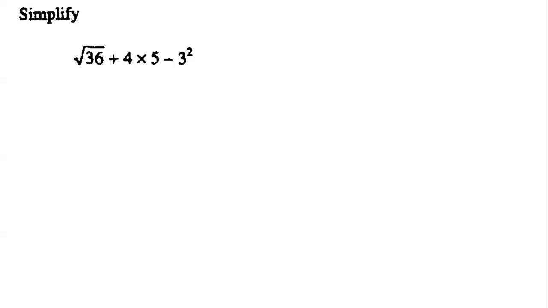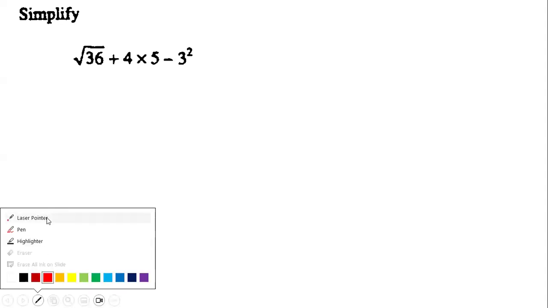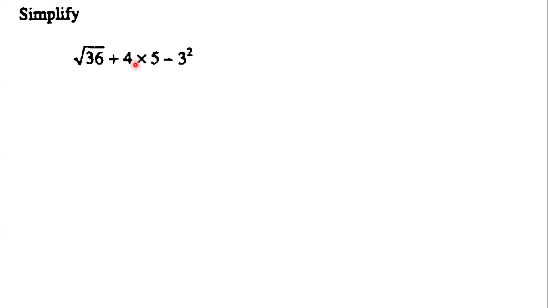Not 3 cubed, close. 3 to the power 2, or 3 what? Squared. Very good. So say it again one more time. The square root of 36 plus 4 times 5, take away 3 squared. Very good.